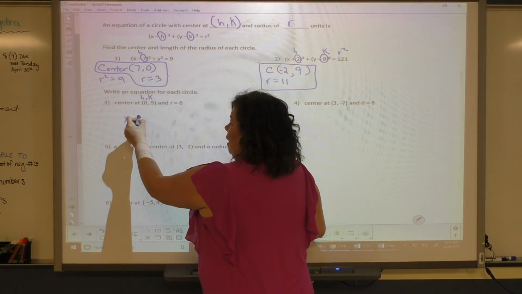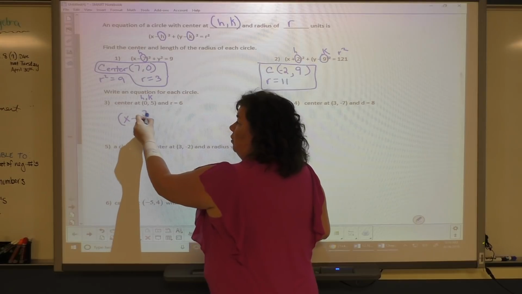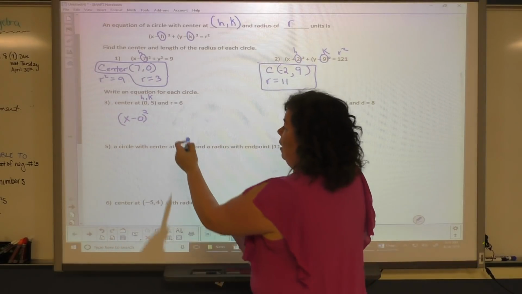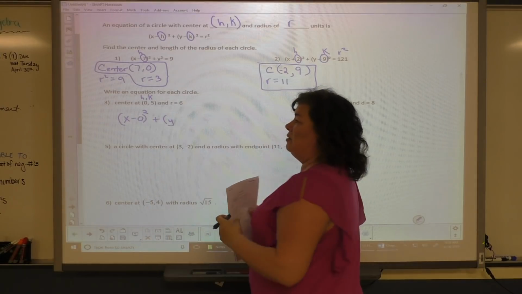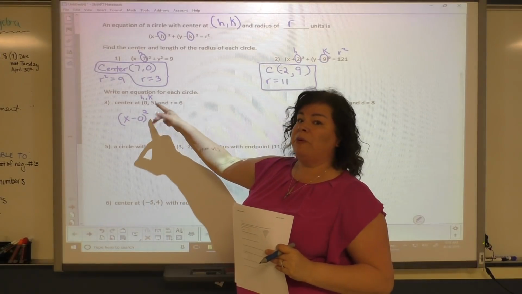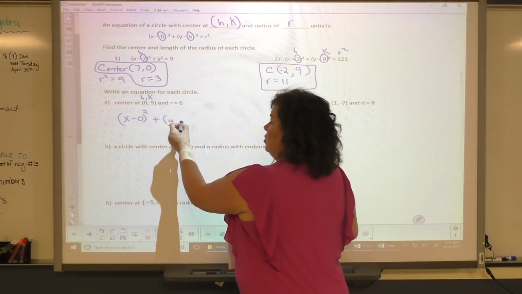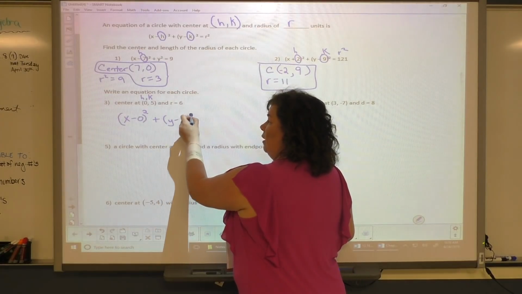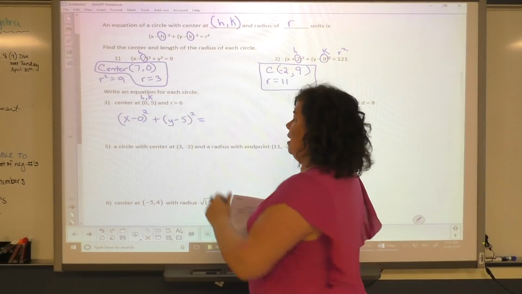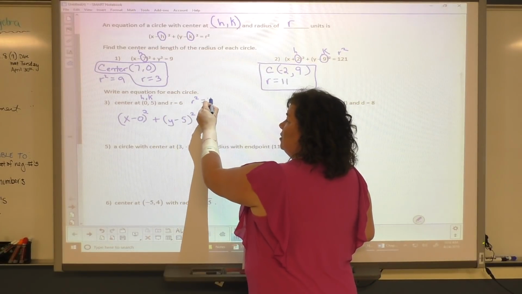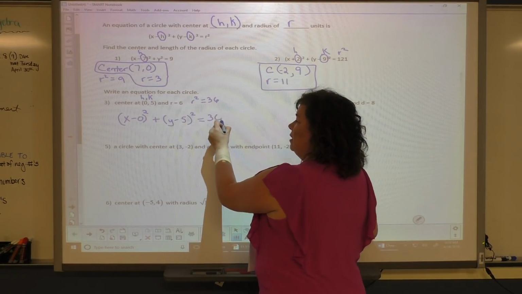Now again, I could put that in to show you what happens to it, and then plus y. Since this is a positive 5, remember we take the opposite of that. So I'm going to put minus 5 quantity squared equals, and if our radius is 6, that means radius squared is 36. So we're going to write 36 here.